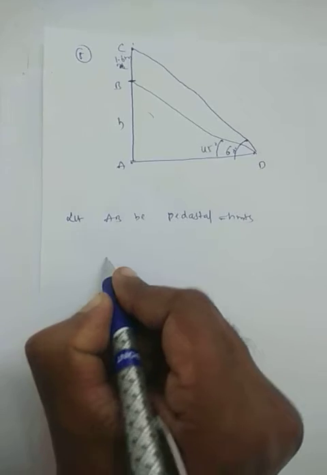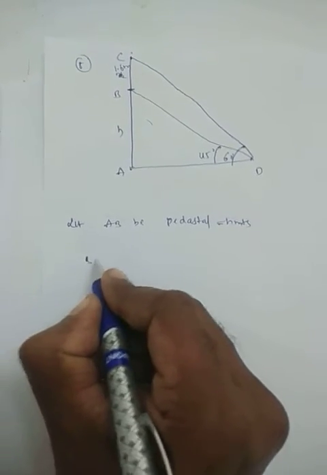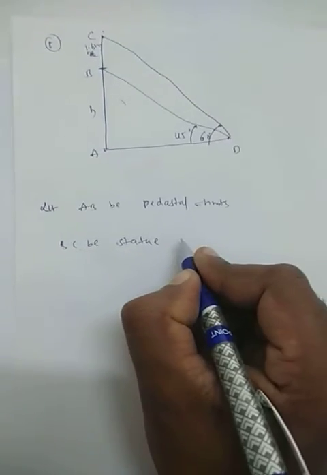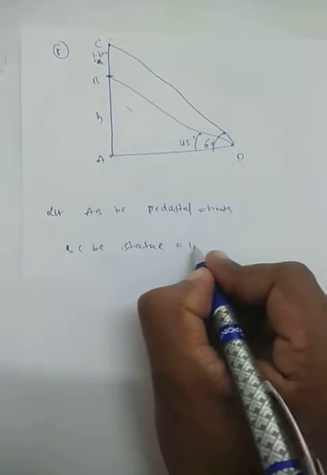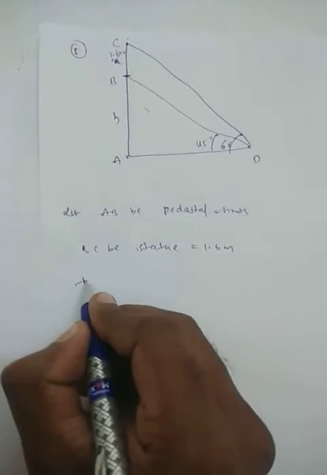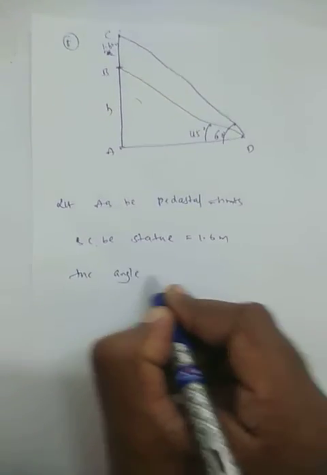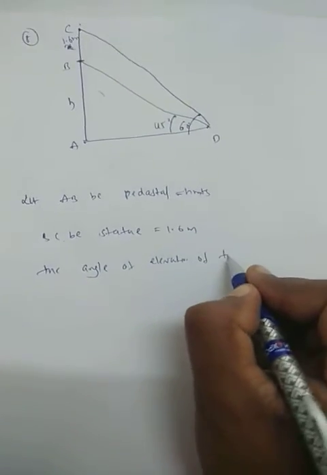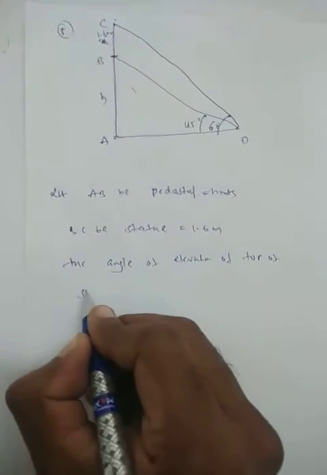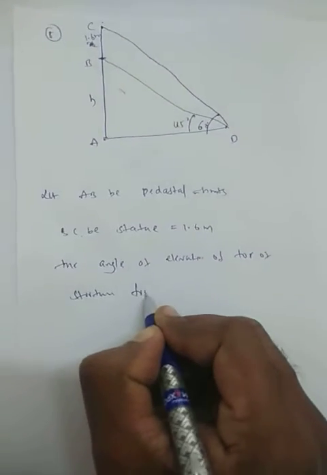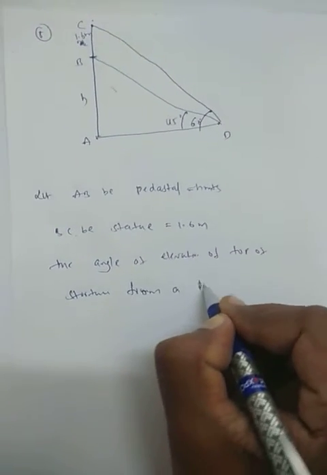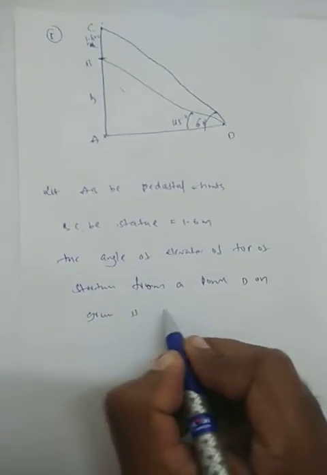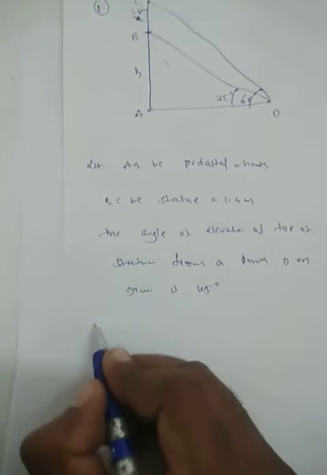Here BC is the statue, which is given as 1.6 meters. The angle of elevation of the top of the pedestal from a point D on the ground is 45 degrees.